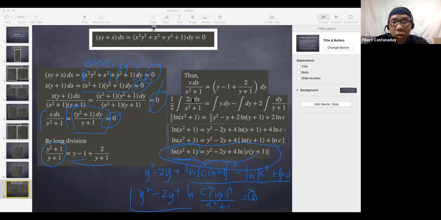So if you can see this one, the 2 divided by 2 is still 1, right? So it's still the same x dx over x squared plus 1. So the question is, why did it become like this? Since the result is ln, okay, wait, I'll just get my pen. So, we utilize the formula du over u. If our u is equal to our denominator, x squared plus 1, our du will be what?